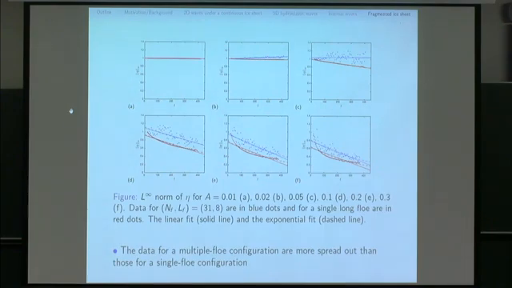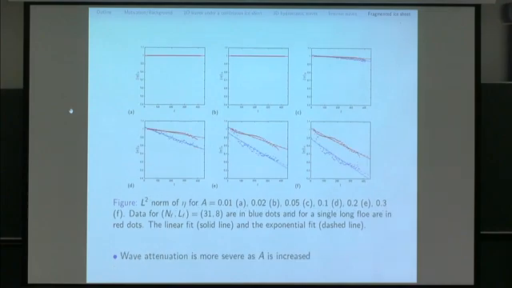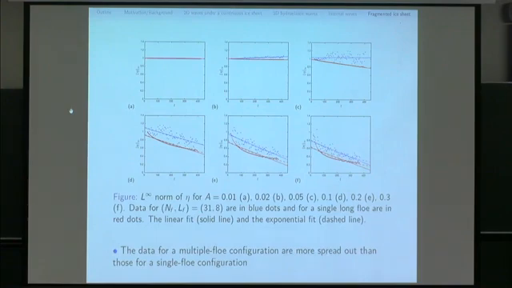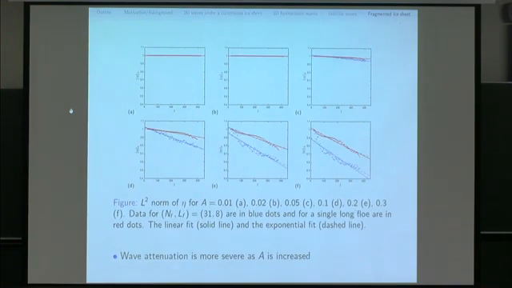The red one is for a single floe, and the blue ones are for these 31 floes, length 8. This is the L infinity norm, just measuring the maximum elevation. You can do the same for the L2 norm.